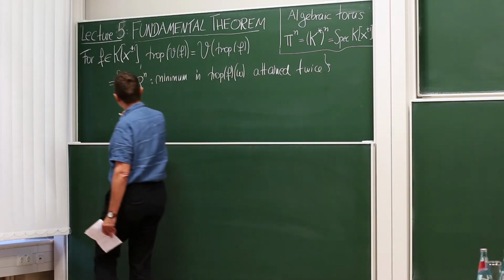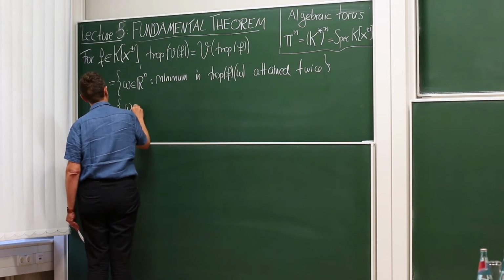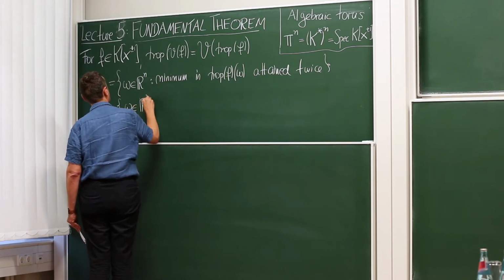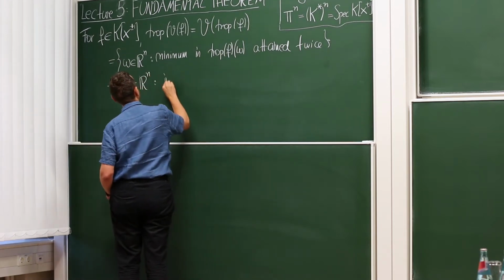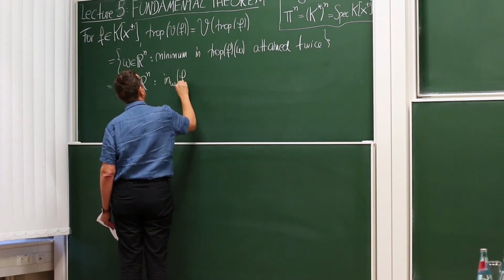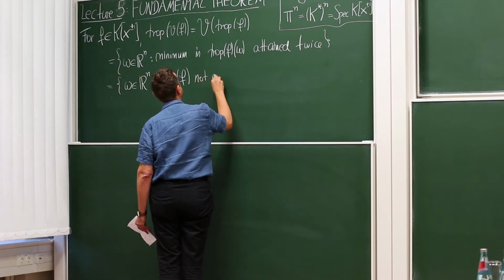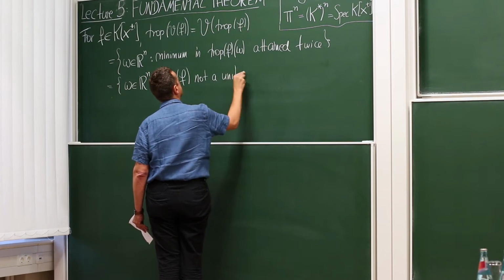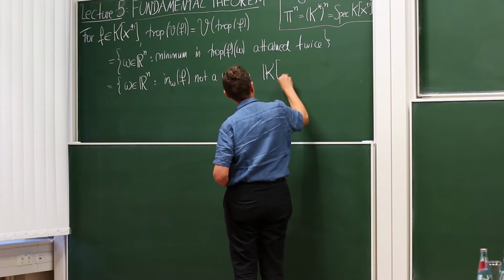And we recast this in terms of initial forms. So this is the set of all weight vectors W in R to the n, such that the initial form is not a unit. And this is now over the residue field.